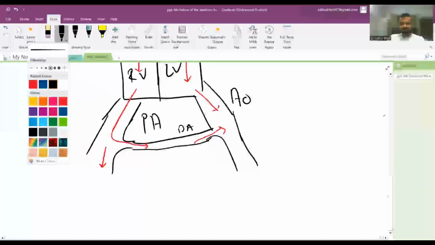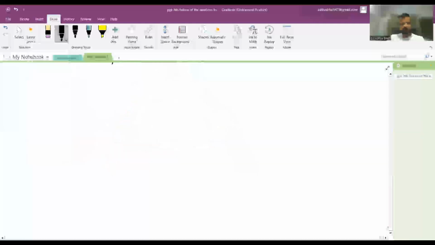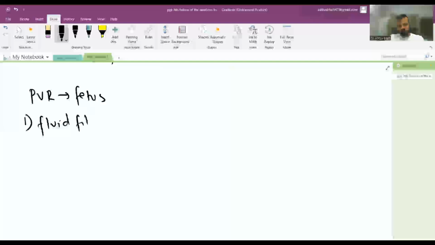Now, why is the PVR higher in the fetus? What are the mediators which cause the PVR to remain high in the fetus? The first mediator is the fluid-filled lungs. The lungs are not expanded, the child is not crying in the womb, and the lungs are filled with fluid, which is very helpful in increasing the PVR.